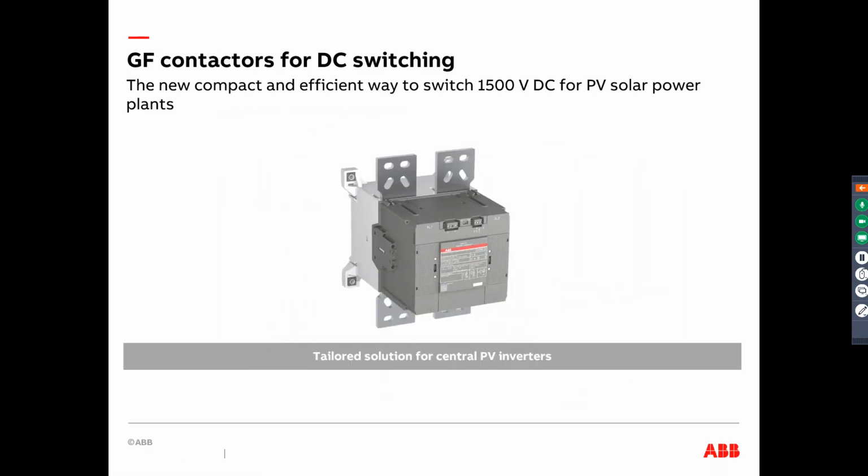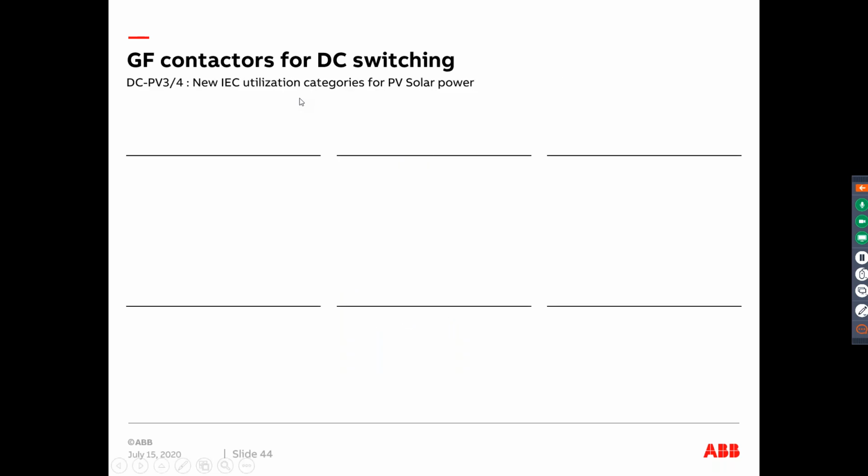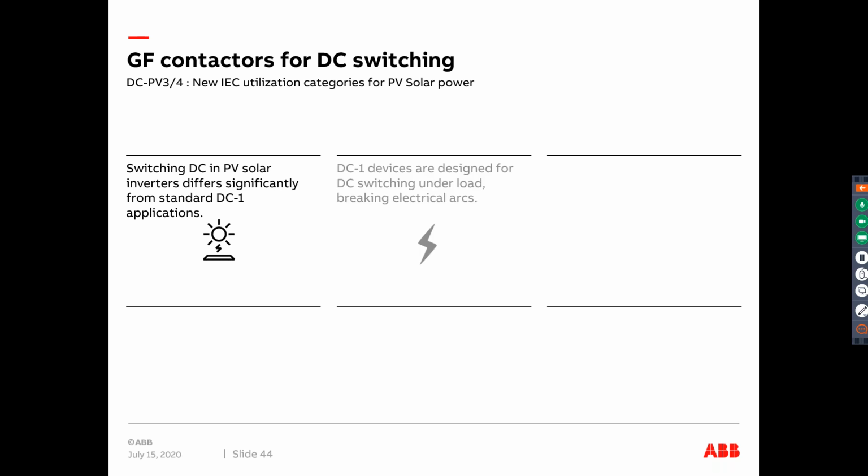This 2 pole, 1500 volt contactor was launched at the end of last year. It is not DC1; it is PV3 and PV4 rated. In DC solar, PV solar inverters differ significantly from standard DC1 applications.